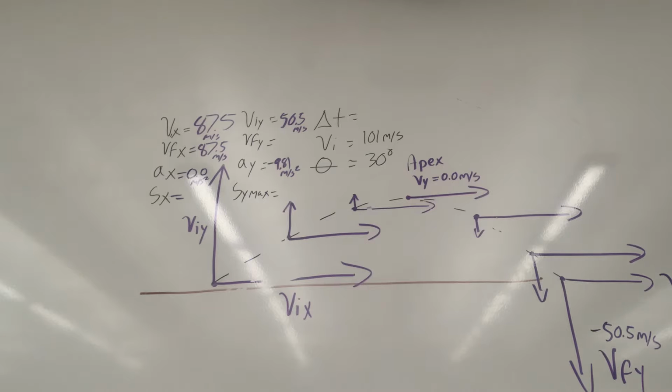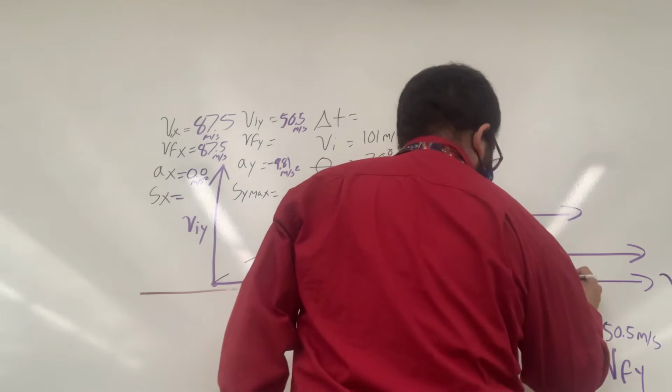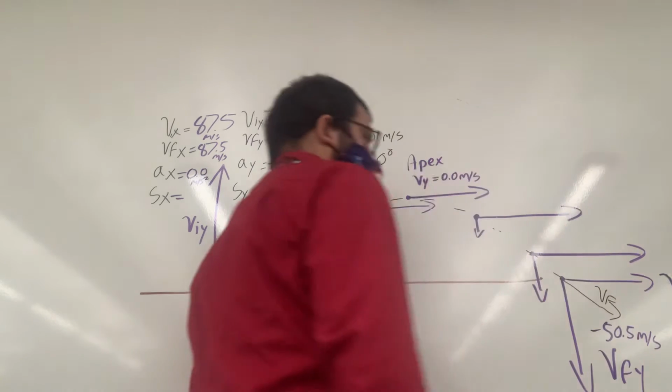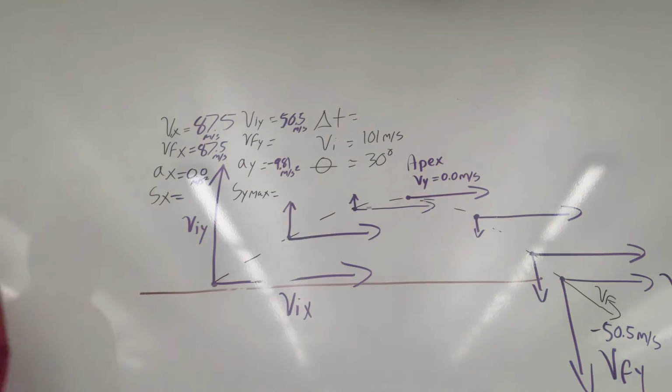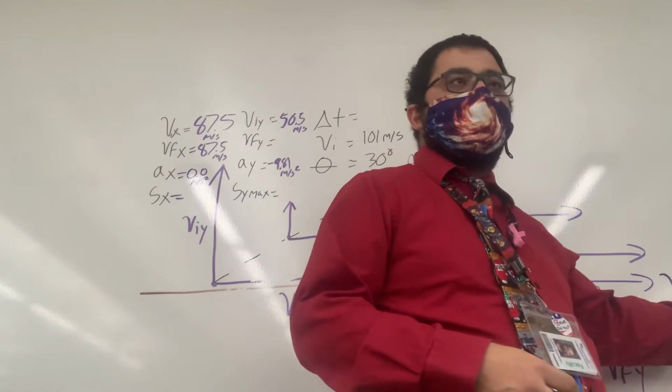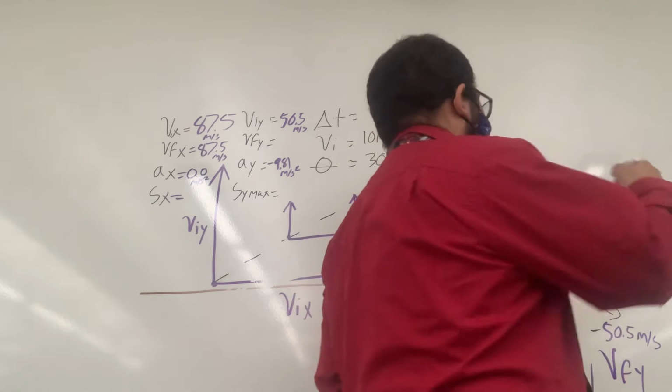My question to you then is what's the value of my VF, my impact? How would you figure it out mathematically? Kelly? Pythagorean theorem. A squared plus B squared equals C squared. So let's do it.